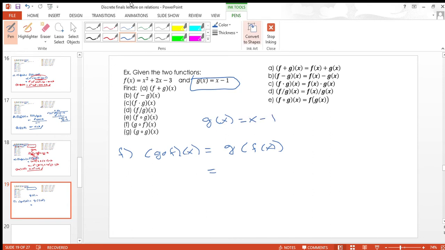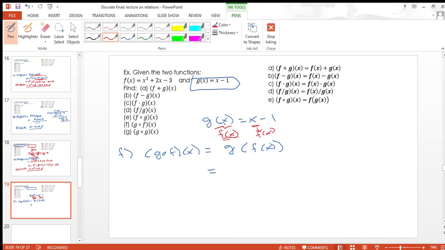So, ang mangyayari, yung x value natin dito will now be replaced by f of x. Bawat x value natin dito, mapapalitan din ng f of x.